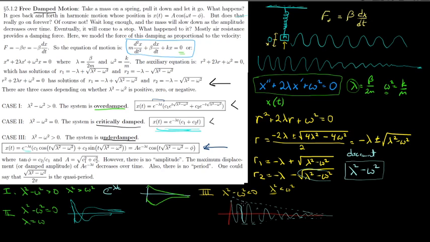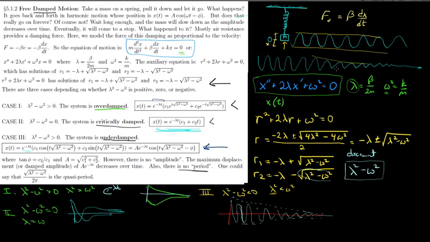Well, I shouldn't call it periodic. It does oscillate, but in this case there's no period. We don't use the term period here. You can call it a quasi-period for this quantity here. And likewise, we also don't use the word amplitude. I much prefer the term maximum displacement because the amplitude is supposed to be a constant. That's what happens here, when the amplitude is constant, that's the maximum displacement.